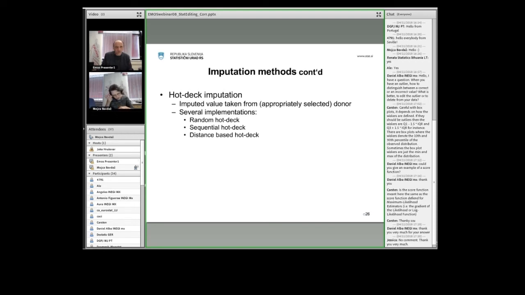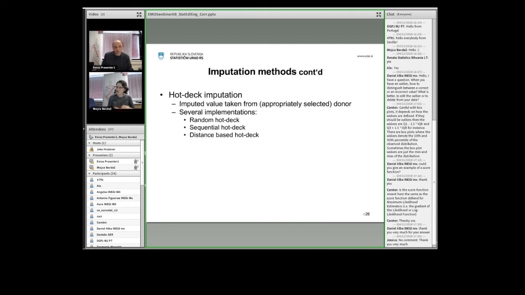That's why this method, or group of methods, is also called donor-based methods. There are several implementations of this donor-based method, and more or less they all differ in how the donor is selected. One way is that you randomly select the donor, and this is random hot deck. Another way is that you order your units by one variable, and you take the donor which is the closest to the unit that you are imputing.